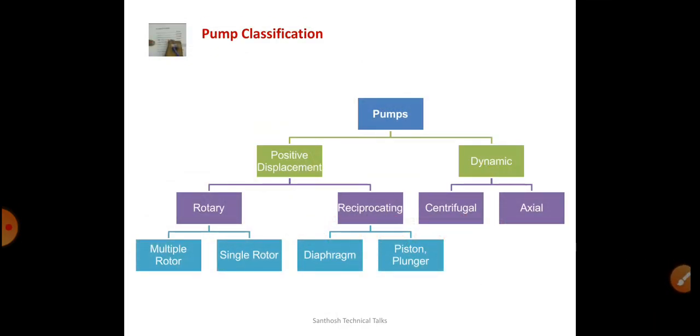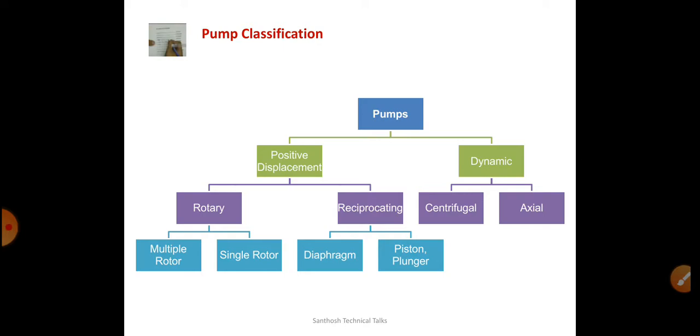We know the classification of pumps: majorly, the pump is divided into two types. One is positive displacement and the other is dynamic. What is meant by positive displacement? It is very simple. The volume that came in should come out.